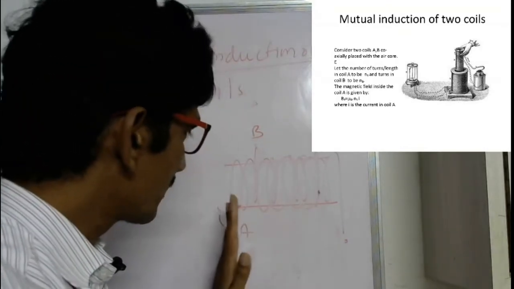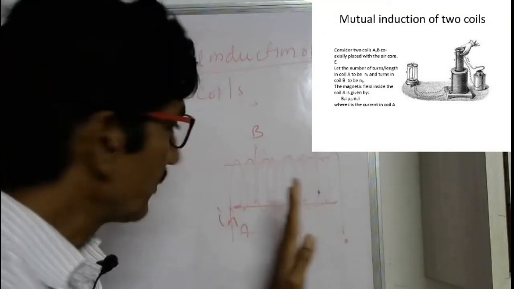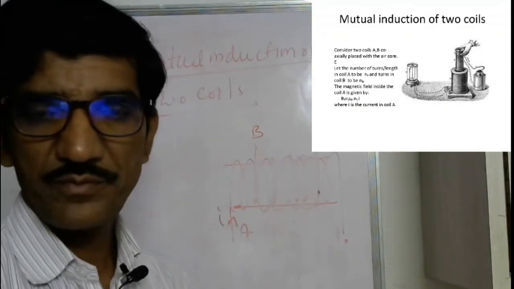Now this is coil A, and on this coil A you have coil B as well.